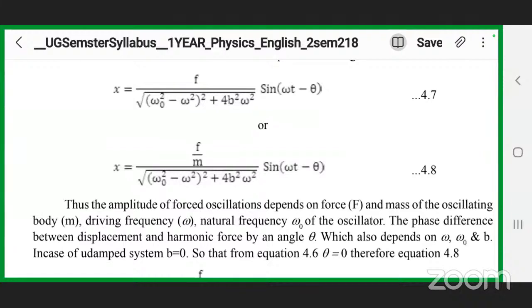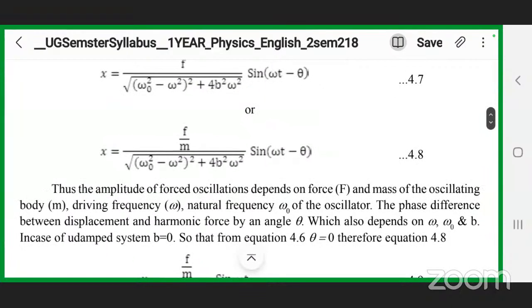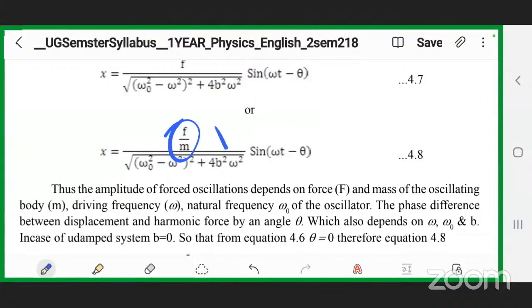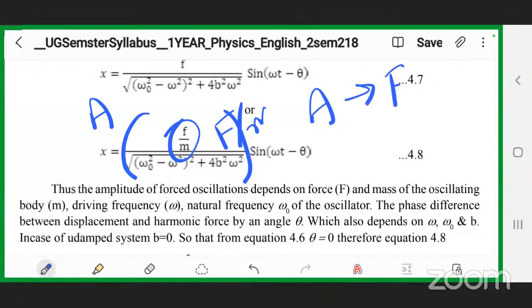So the amplitude of the forced oscillator depends on capital F by small f, that means the entire term related to capital A. So A depends upon F and also the mass of the oscillator, and here omega is there in sin omega t. What is omega? Angular frequency, that is nothing but the driving frequency.